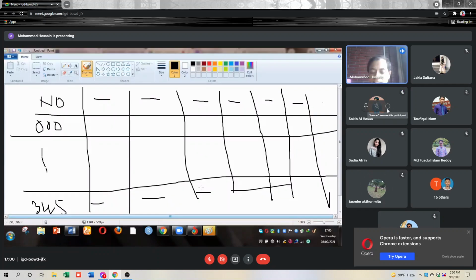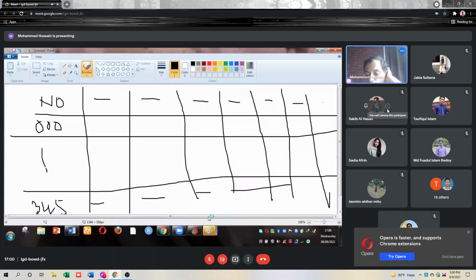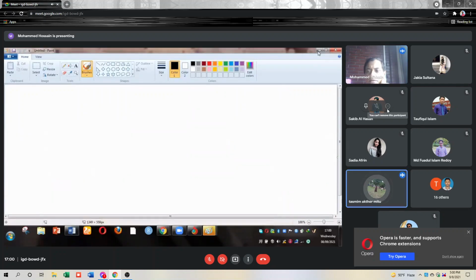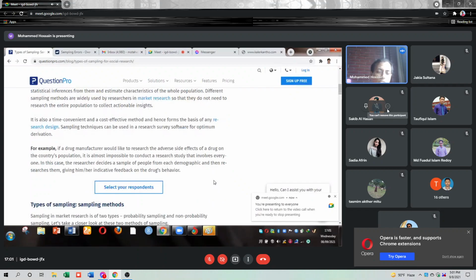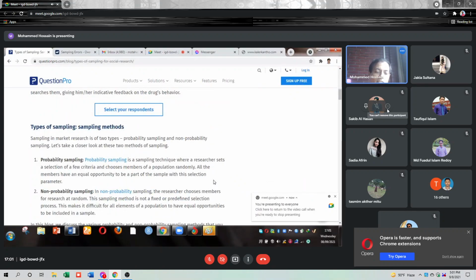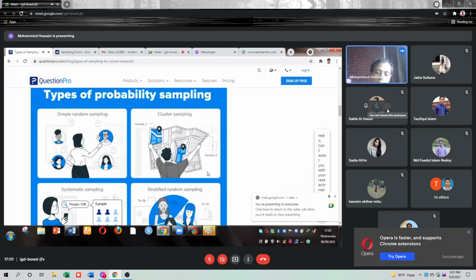So cluster sampling is used for large data and large geographical regions.